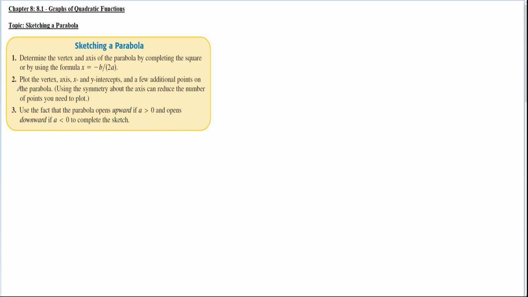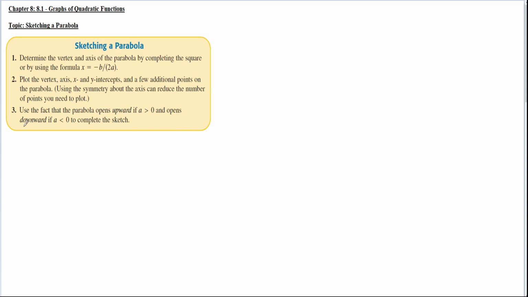The second point is to make sure that you plot the vertex, the axis of symmetry, the x and y intercepts, and then a couple other additional points. And to remember that we have symmetry about the axis, which can reduce the number of points that we need to plot.